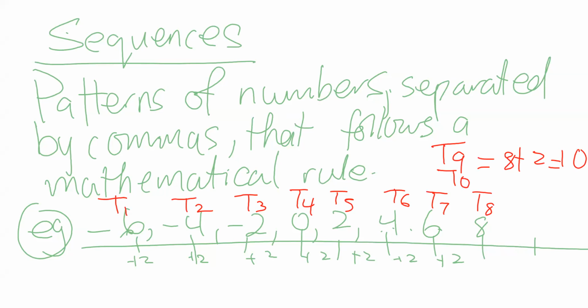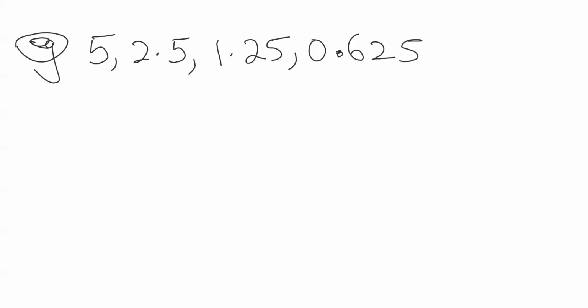T10 would be 10 plus 2, which is 12, and we could continue the pattern. Each number in the sequence is known as a term of the sequence, so it's just those little sections.